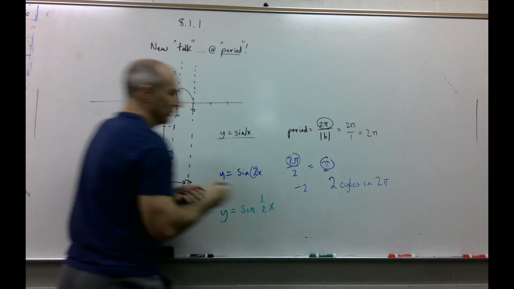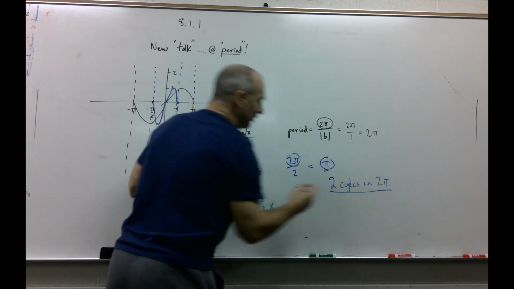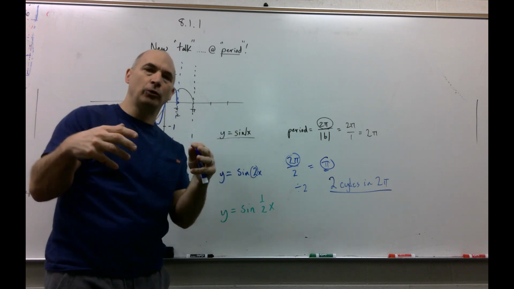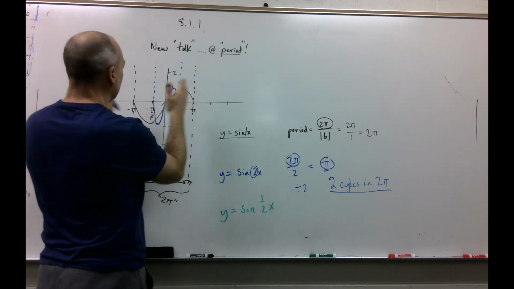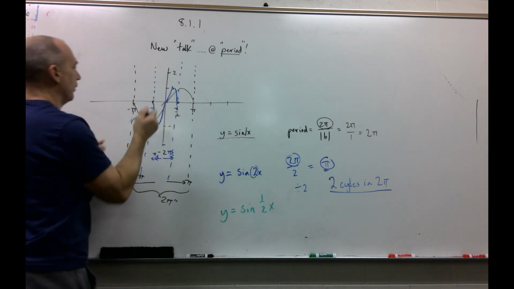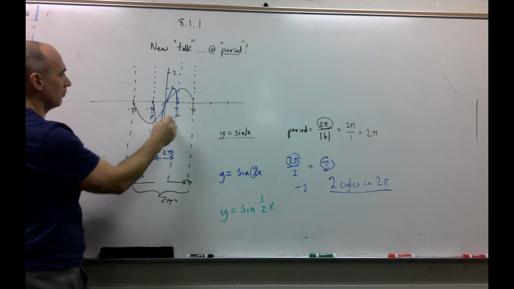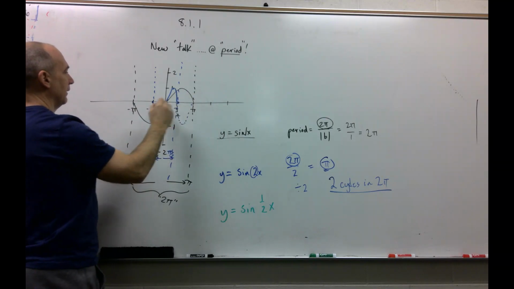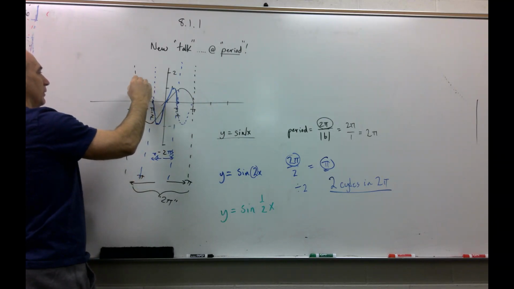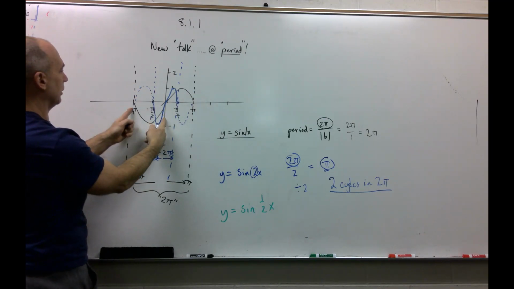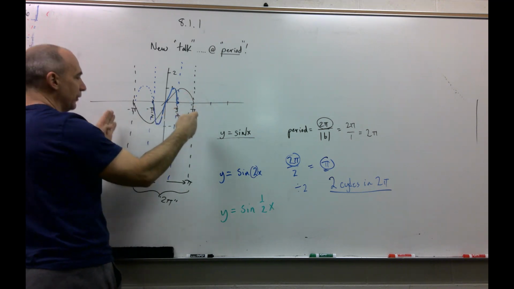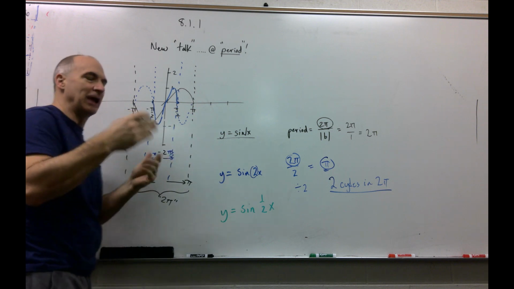So now they're kind of like, all right, how many cycles can you put in the normal period? And you'd say, oh, 2. I can fit 2 of these in this space. Now, this would continue like this, and this would continue like this. So we have a cycle here, and we have a cycle here. So now we have 2 cycles in the normal period. So they're going to come at you with a little different language.